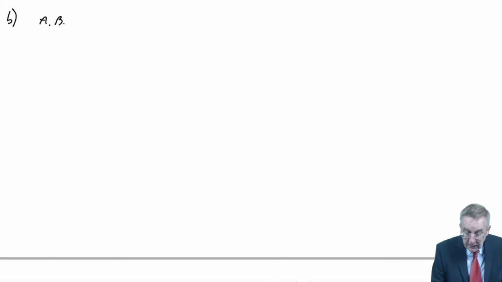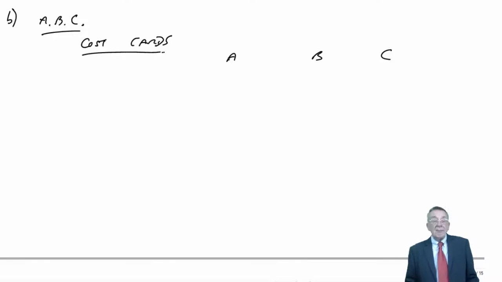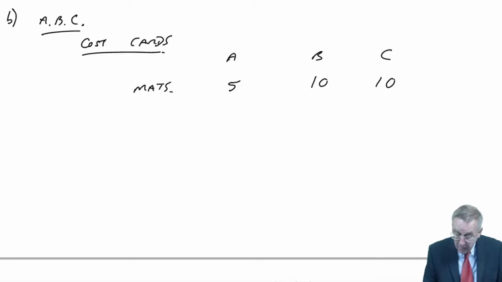which is the full activity-based costing. Again, we want to end up with cost cards, A, B, C. And it starts off exactly as before, in that there's no argument. The materials per unit are 5, 10 and 10.